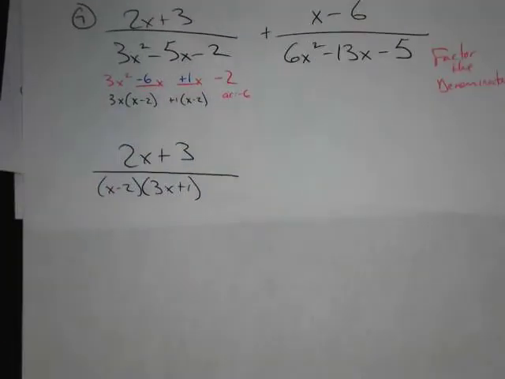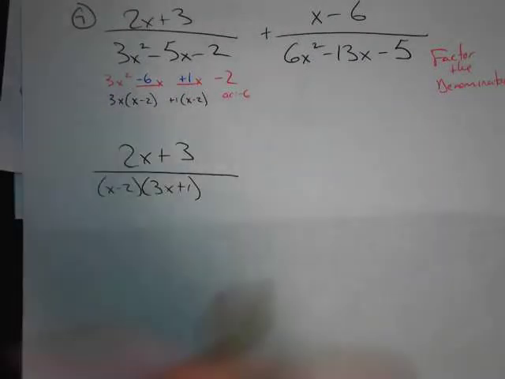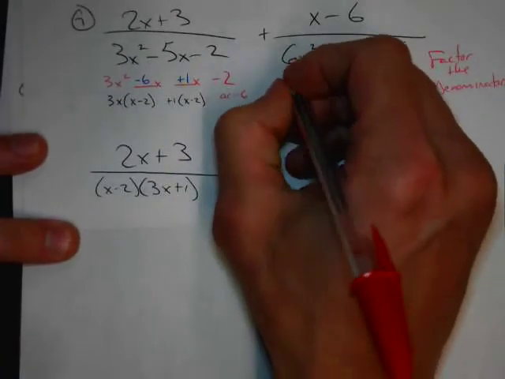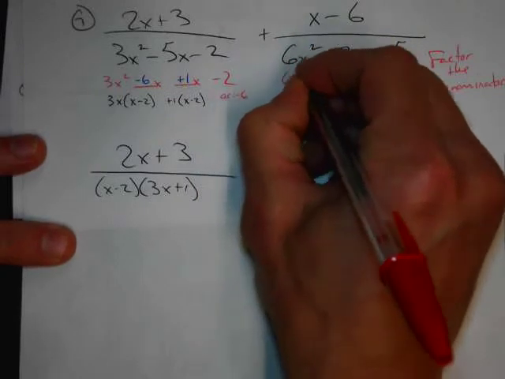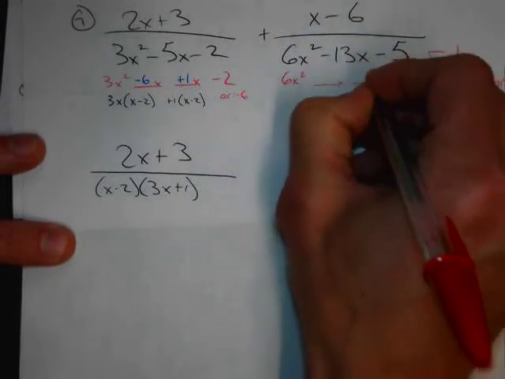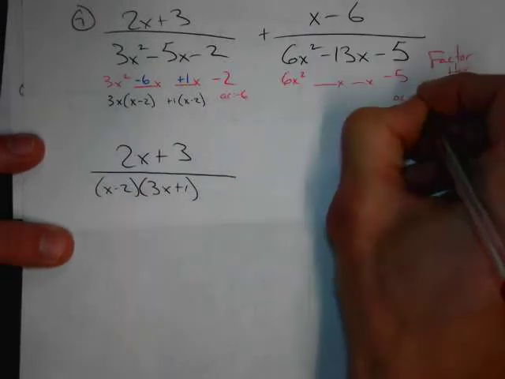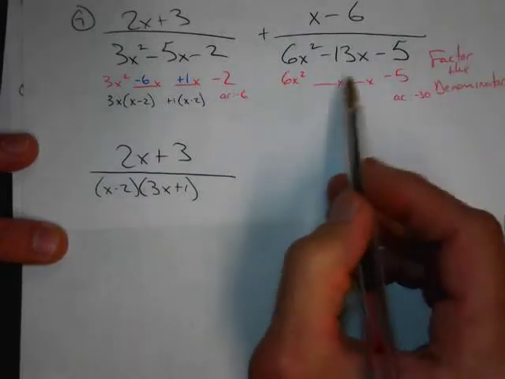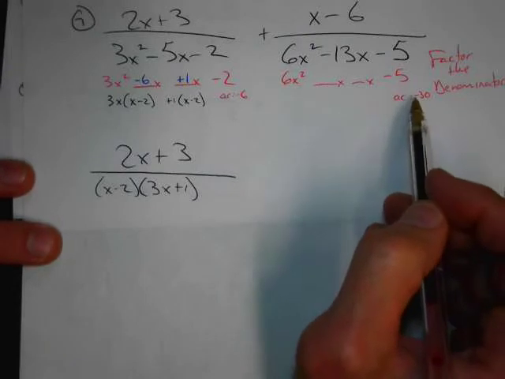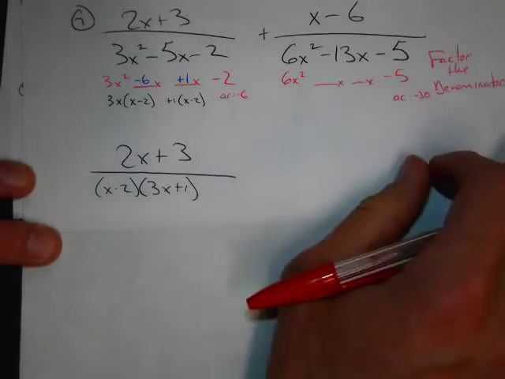All right, so that is actually our denominator from the first number. Now we're going to factor our second denominator. And again, I'll do it by grouping. 6x squared, blank, minus 5. AC is negative 30. What two numbers multiply to negative 30 yet add to negative 13?